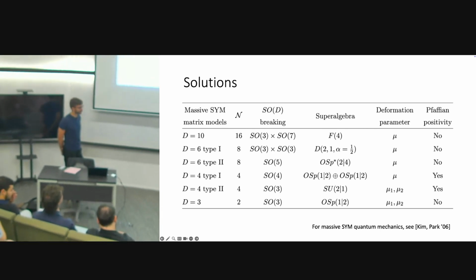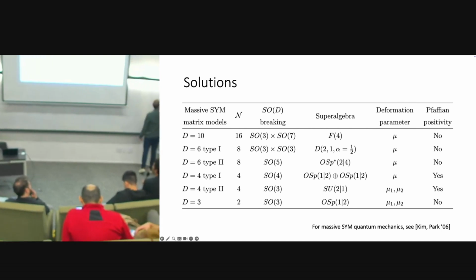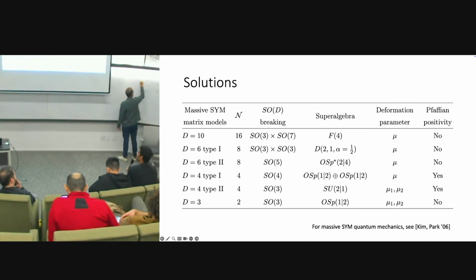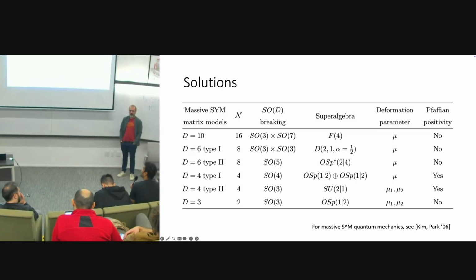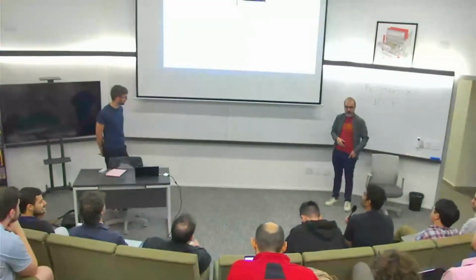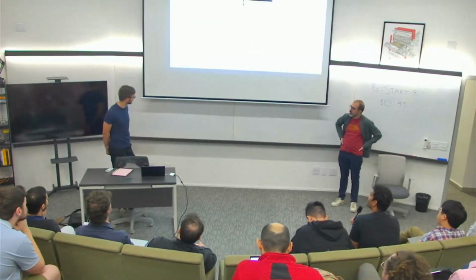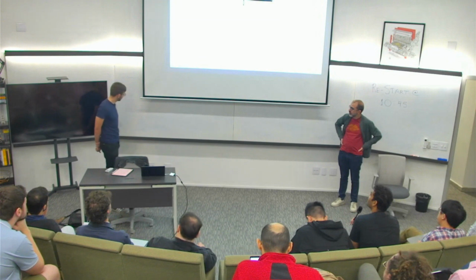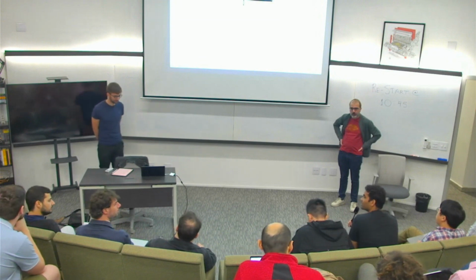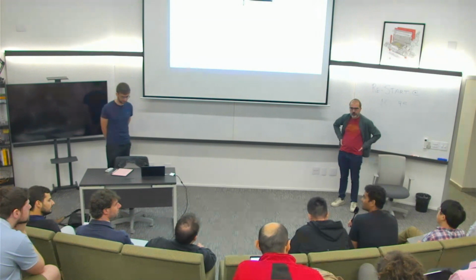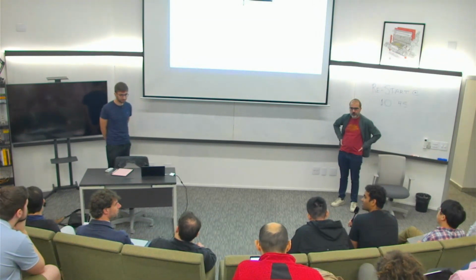You said when you have SO2 symmetry, there's no nice bosonic observables. But can you write down fermionic ones, like bosons plus fermions, that you can do localization with? Because you just need something supersymmetric, I suppose. Sorry, can you repeat the question? For localization, can you do things with bosons and fermions so that you preserve the supersymmetry?